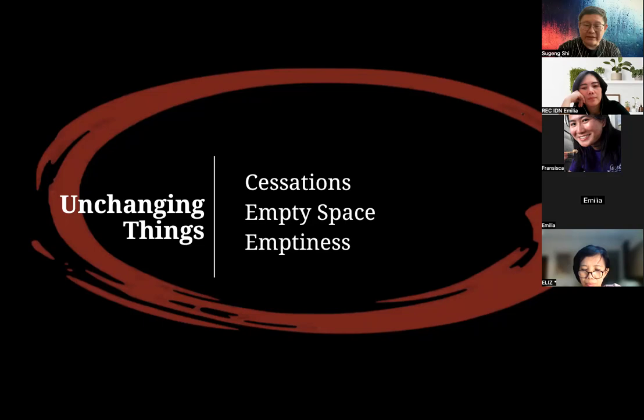Things do not exist if they don't have causes. This can explain 97% or 99% of everything in the universe. But this cannot explain empty space, because empty space doesn't have any cause. Empty space just exists, right?